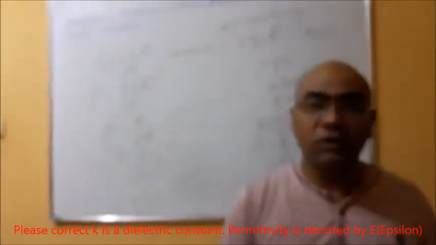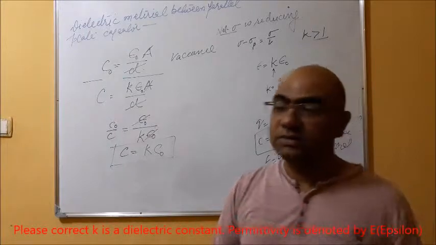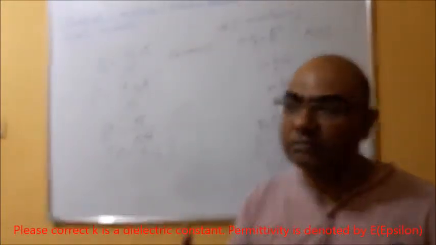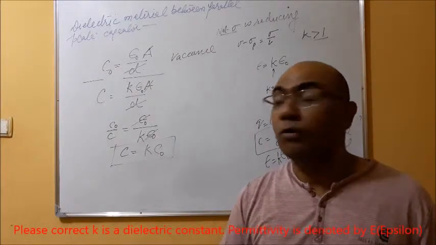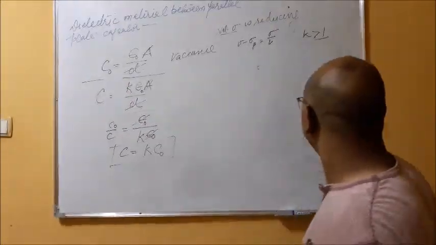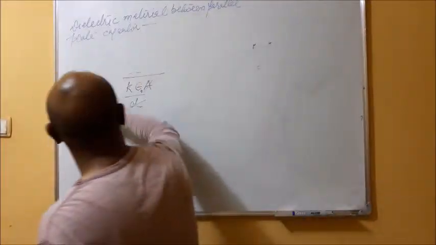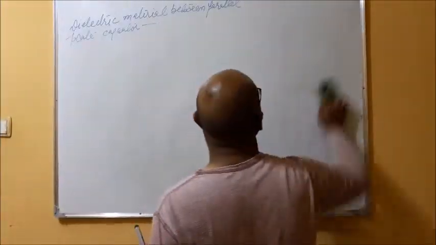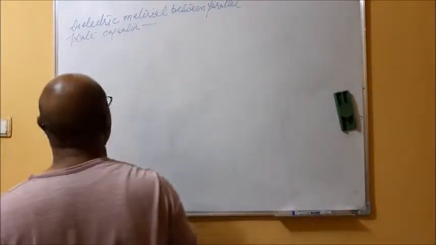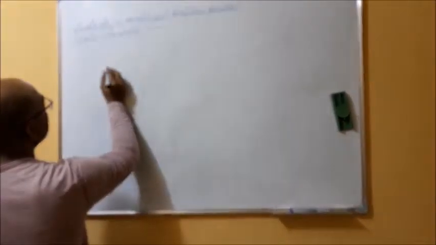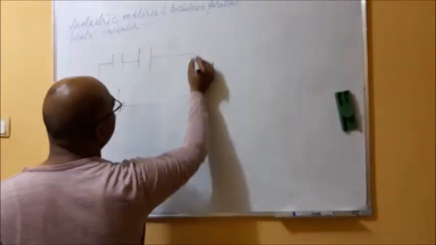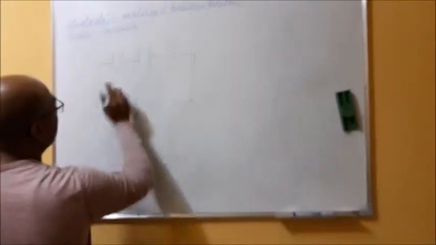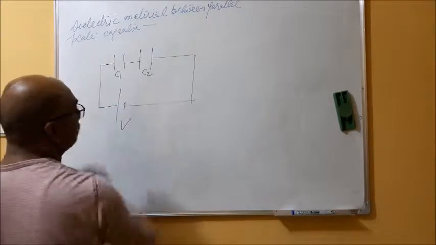Okay, now let us move on to the combination of capacitors. If we have more than one capacitor, what will be the value of their combination? To see this, suppose I have two capacitors connected with this battery B. This is capacitor C1 and C2.